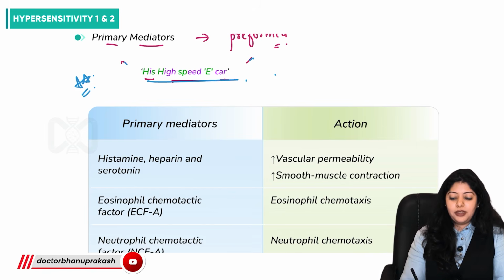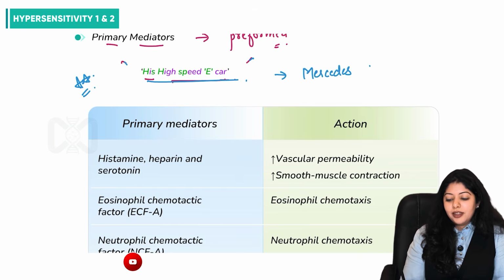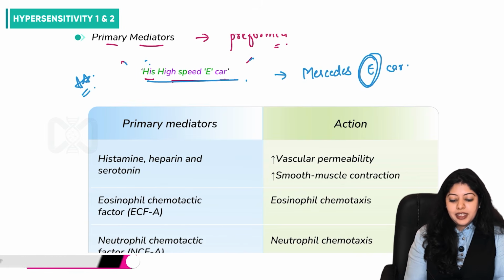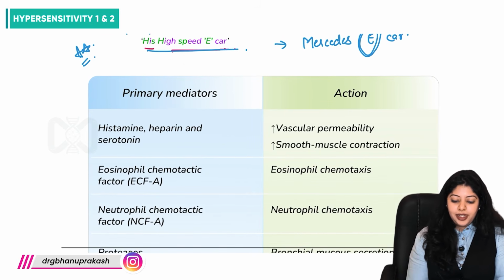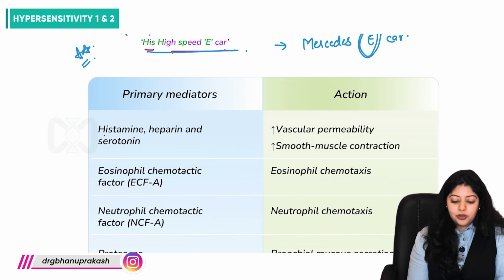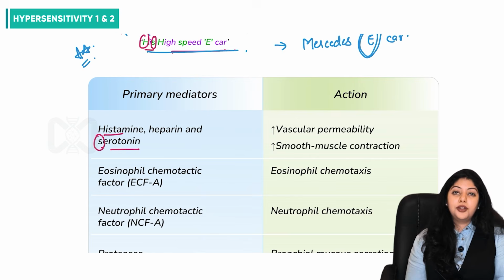I'm obsessed with these car mnemonics. So it is again the Mercedes E-Class E-car, right? His high-speed E-car. So with H, it is the histamine we are talking about. Then we have S, which represents serotonin.